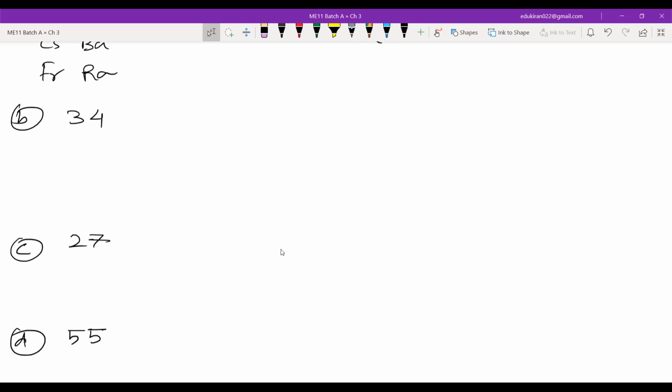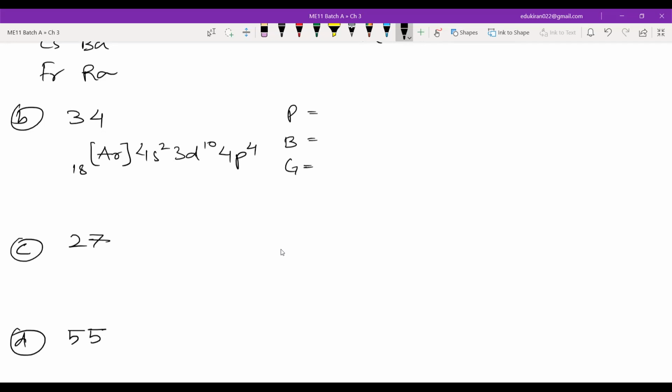Okay, let us do 34. So 34 will have this electronic configuration. The nearest is argon, 18. And argon is third period, so this will be 4s2, 3d10, and then we need 4 more, 4p4. So the period, then the block, then the group.